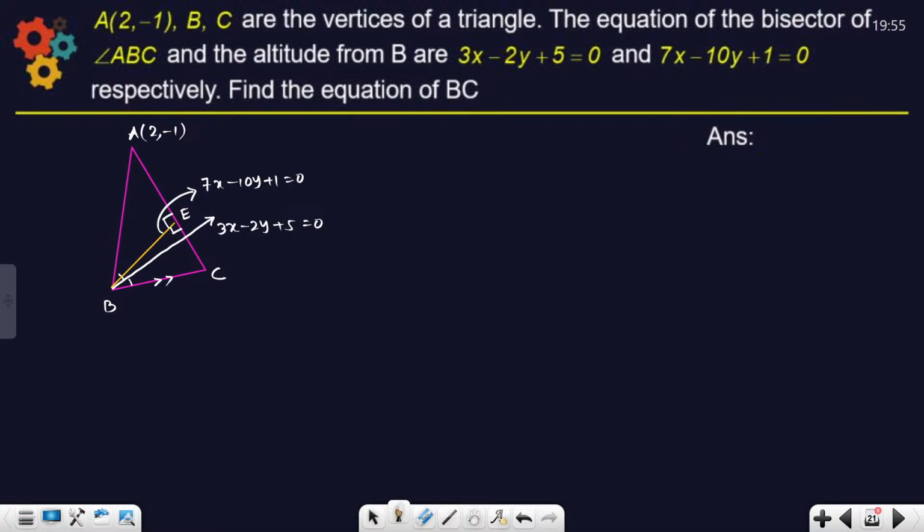A point is given, the altitude is given, and the angle bisector is given. So how to find out the equation of BC? Tell me.